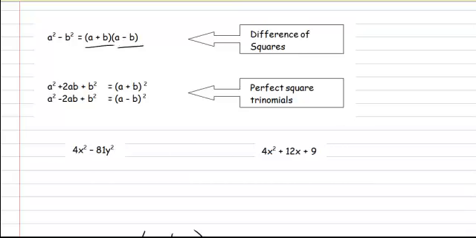So let me let you know how to find a and how to find b. a is going to be the square root of a squared, b is going to be the square root of b squared.